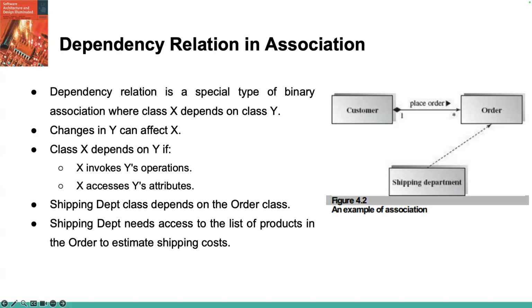The shipping department needs access to the list of products in the order to accurately estimate shipping cost. Changes in the order class, such as how products are stored or listed, would directly impact how the shipping department class calculates shipping. It makes it a dependent relationship.